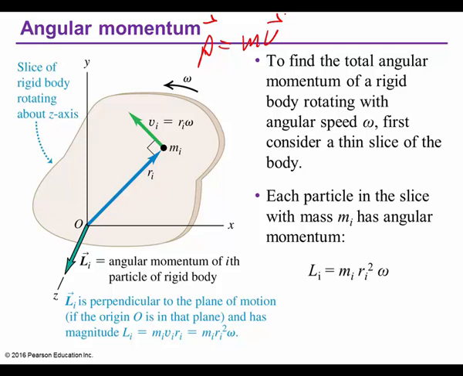Now, to find the angular momentum, we can write the equation this way. We can say the length of the angular momentum is equal to the mass of the object times the velocity of the object, okay, which is important. But now remember, if this is connected here and it's moving in this direction, look, we've got a radius, don't we?